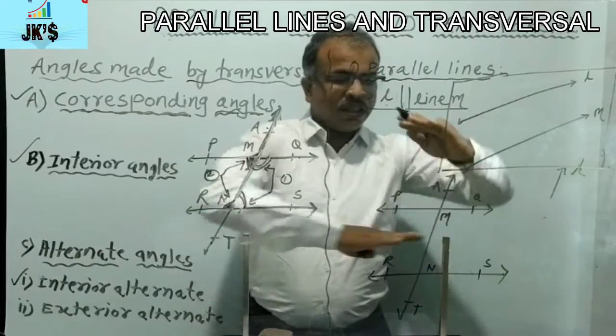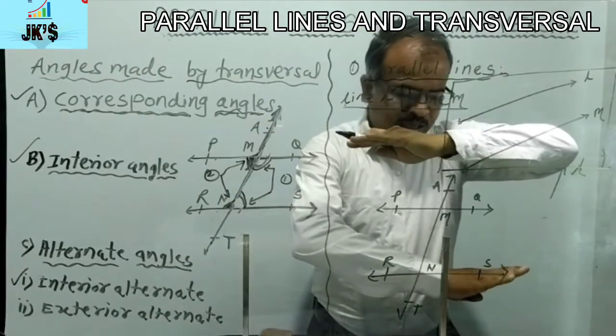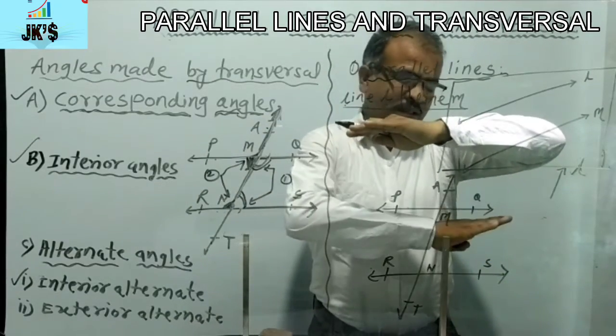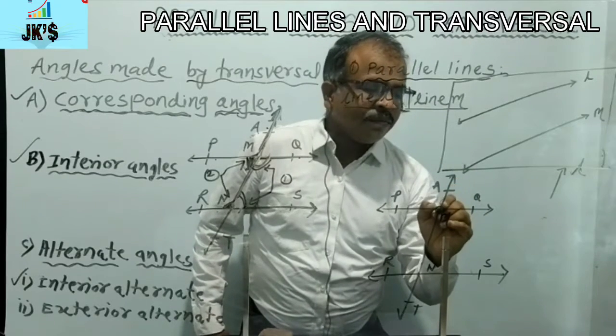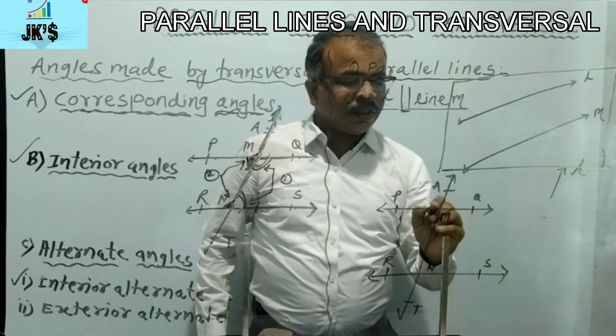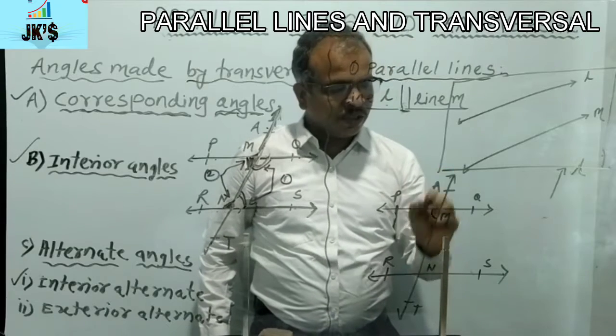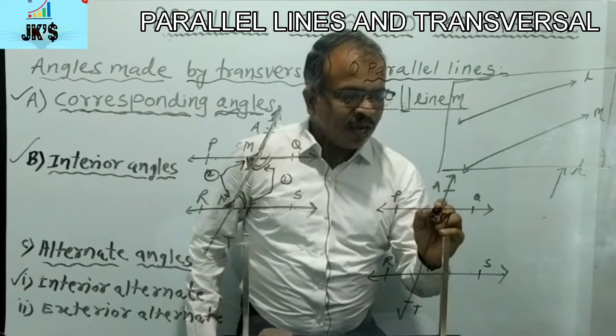that is interior alternate angles. Interior means inside the two lines, in between the two lines, where the arms on the transversal are in opposite directions.